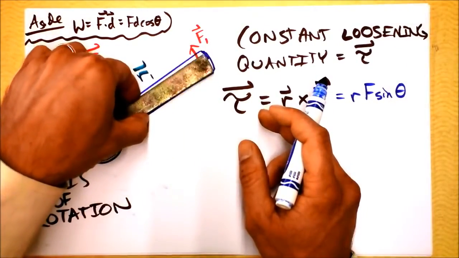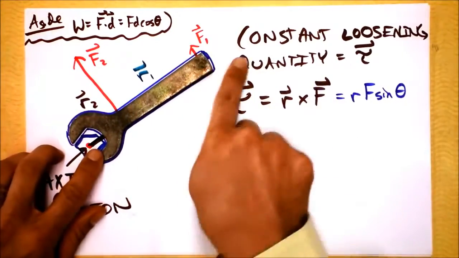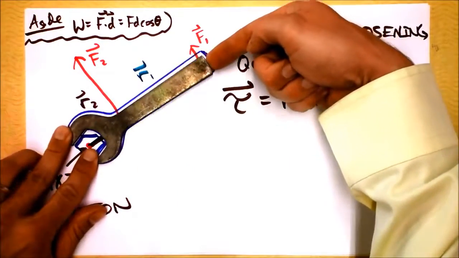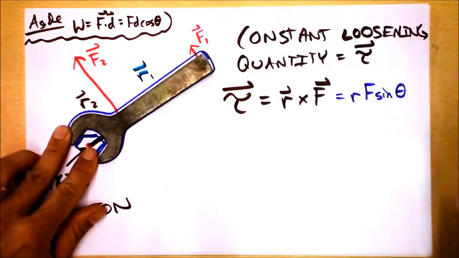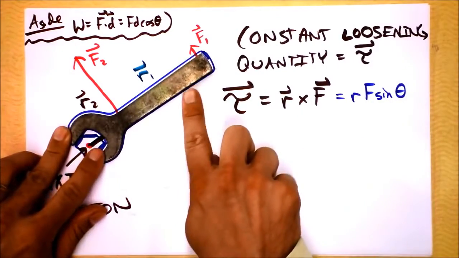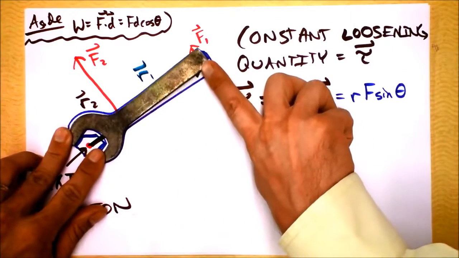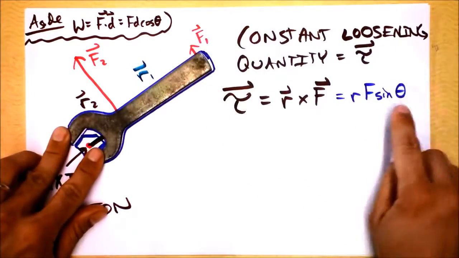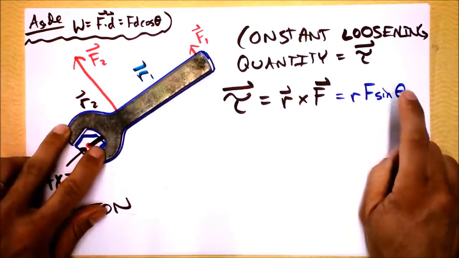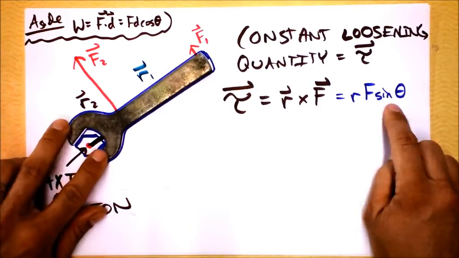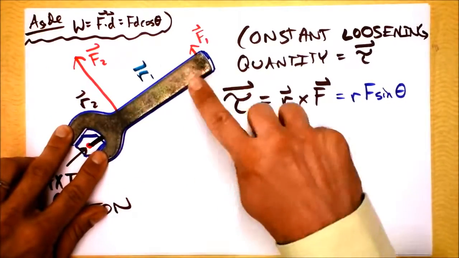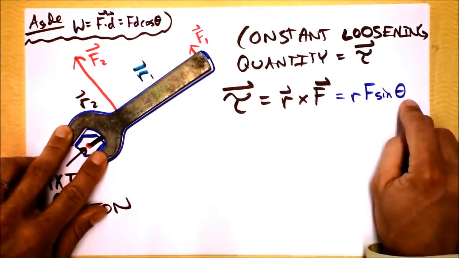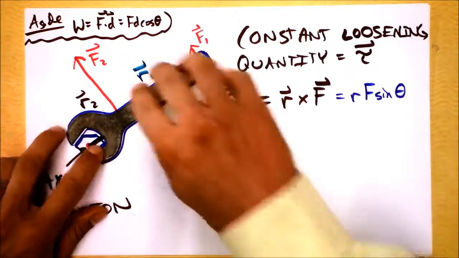When you're using a wrench, you don't apply a force like this on the wrench. It will not rotate the bolt. You apply a force directly normal to the wrench in order to cause the bolt to rotate. So that's what the sine of theta is saying. It's saying you'd better keep the angle between R and the force at 90 degrees if you want maximum torque.